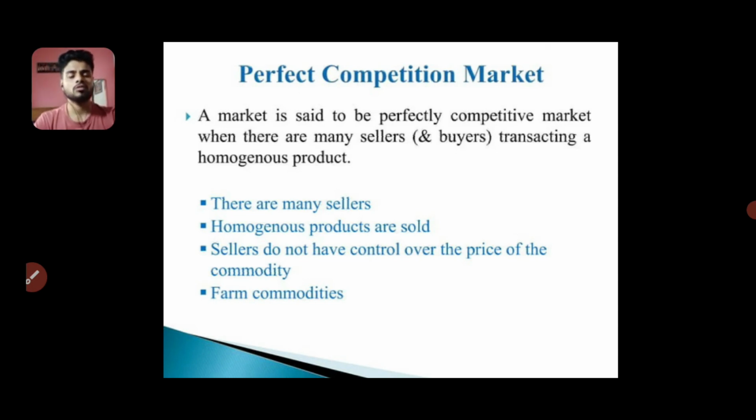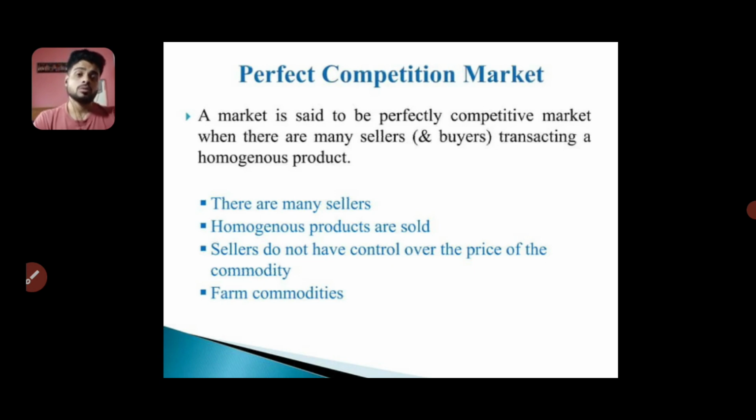So there are a number of sellers, and there are a lot of buyers also, depending upon the region and the geographical location. The seller will keep on producing goods and services for the buyer as long as there is a demand in the market. And the product is homogeneous. Keep in mind, homogeneous product, not heterogeneous.